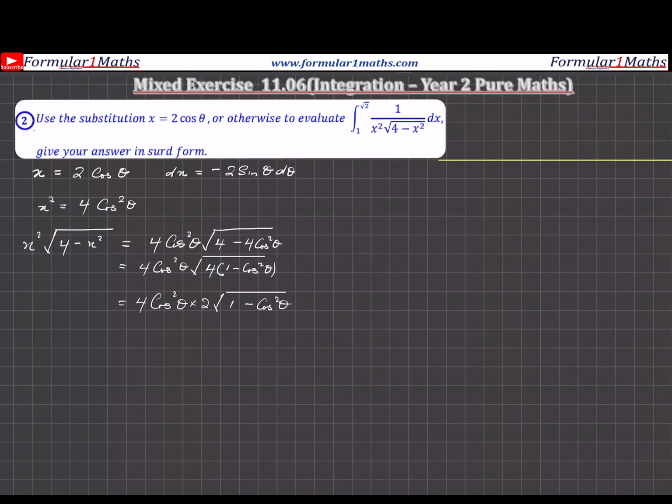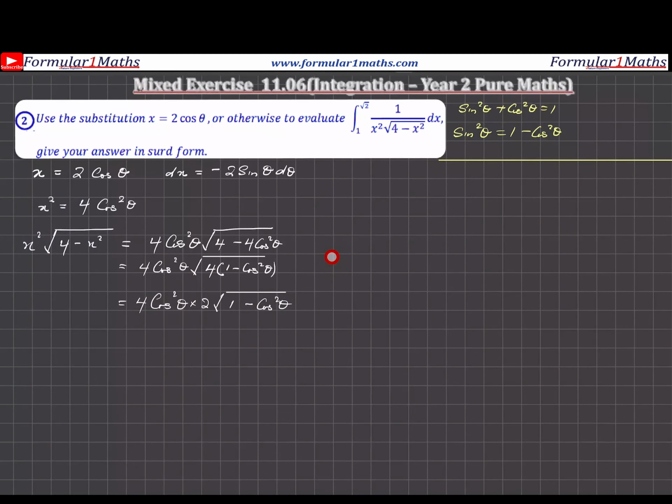But we know that sine squared theta plus cos squared theta is equal to 1, which means that sine squared theta is equal to 1 minus cos squared theta. So I can replace this with sine squared theta.